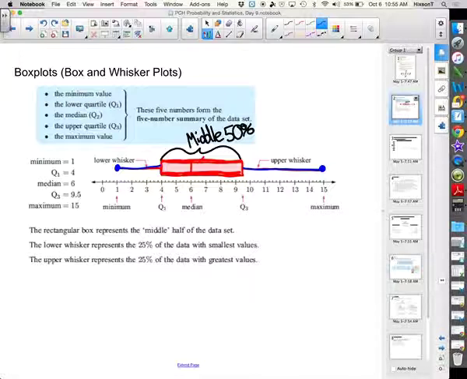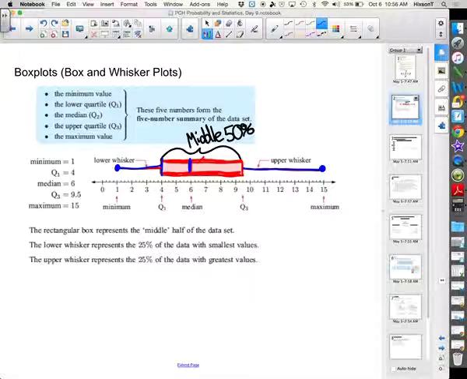Notice here with this from 25 to 50% right here. Okay? And then from 50 to 75%. Notice from 25 to 50% is grouped closer than the ones that are between the 50% and the 75%. Okay?